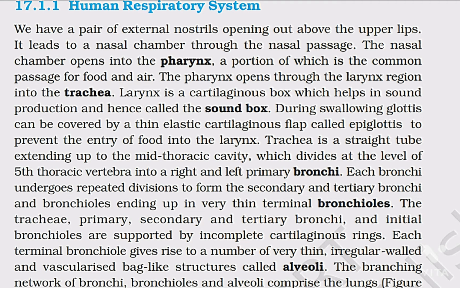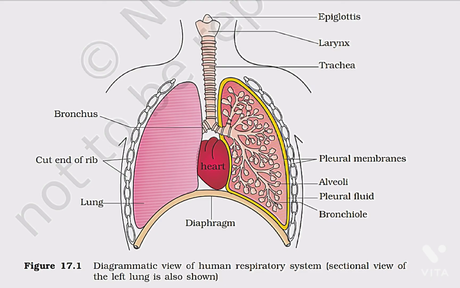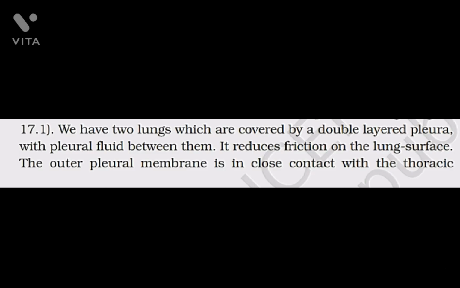Each terminal bronchiole gives rise to a number of very thin, irregular-walled and vascularized bag-like structures called alveoli. The branching network of bronchi, bronchioles, and alveoli comprise the lungs. Figure 17.1. We have two lungs which are covered by a double-layered pleura with pleural fluid between them.